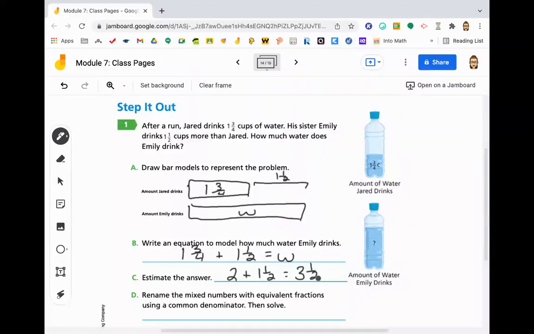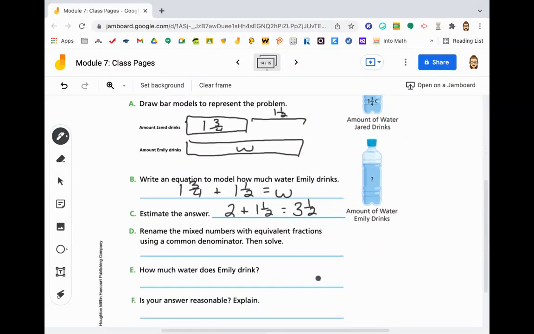Then it says rename the mixed numbers with equivalent fractions using a common denominator, then solve. Well, we have 1 3/4 equals something, and we have 1 1/2 equals something.